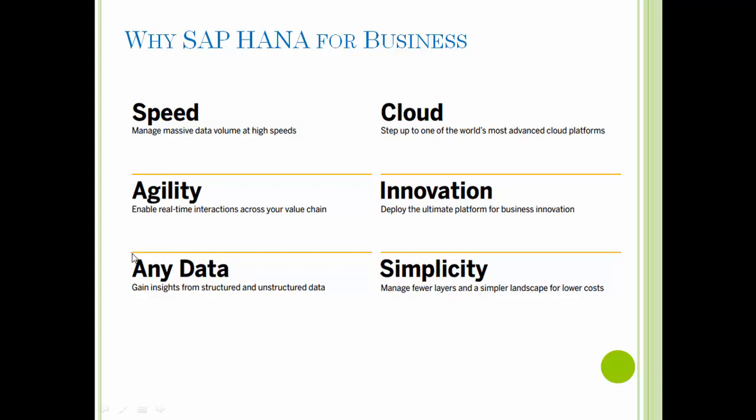Next is any data. Any data means SAP HANA integrates any kind of data from any source, be it structured or unstructured, be it from internal or external sources. So it can integrate with structured and unstructured data from internal and external sources both, and can work on detailed data without aggregations.